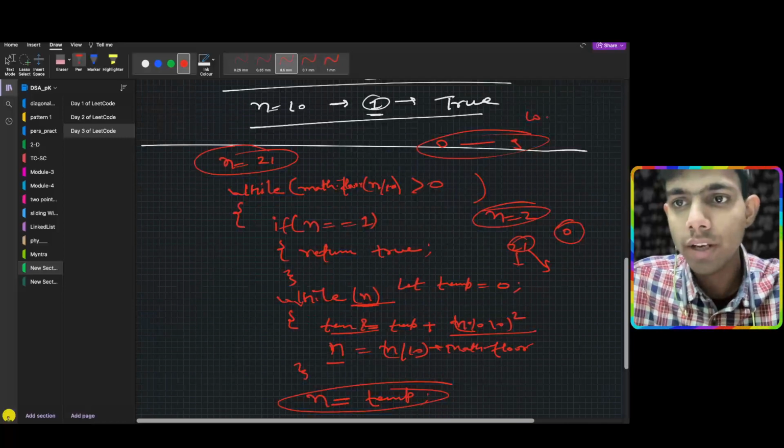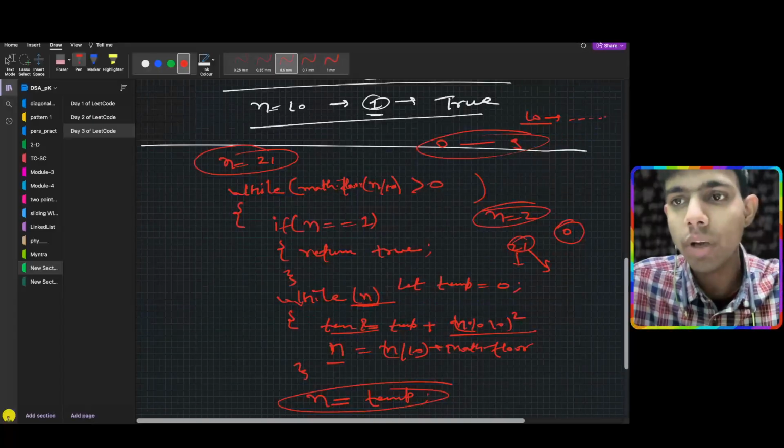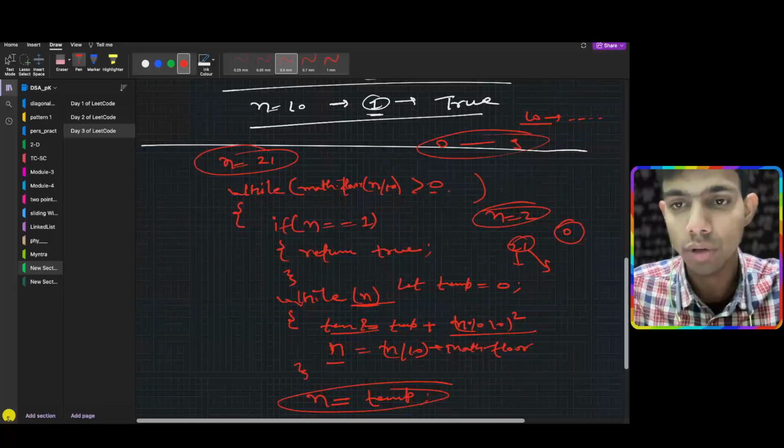If the number is 10 and above, that means a two digit number. For every number from 10 to anything, it will give us greater than 0.